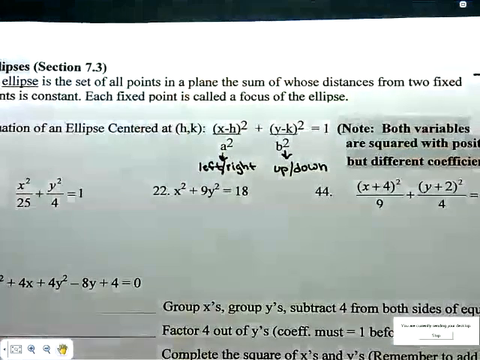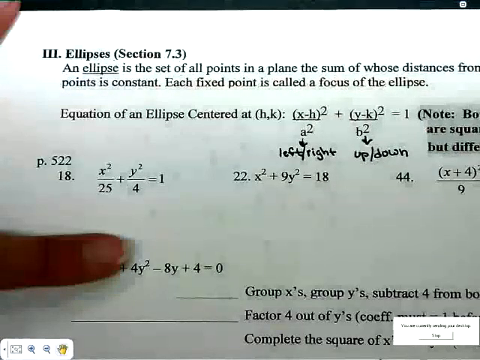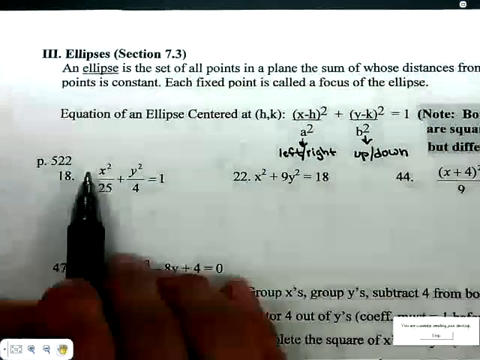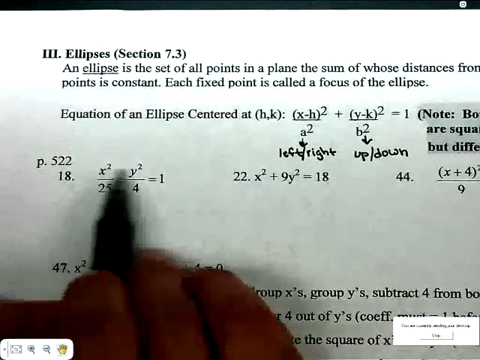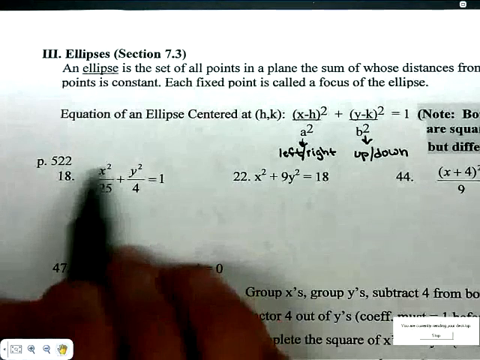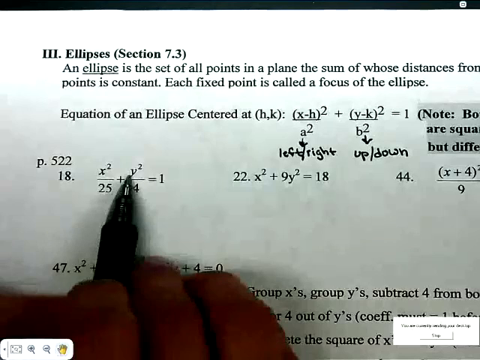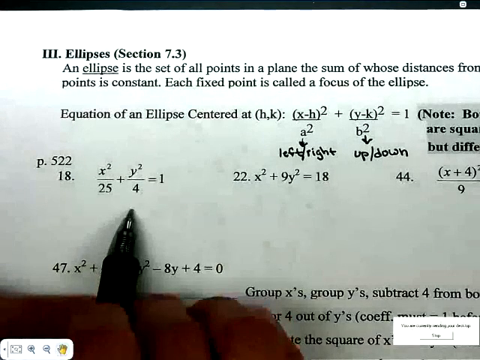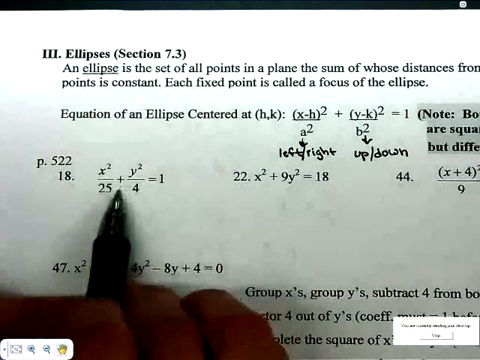So for example, number 18, you might be thinking, well, the x and y are both squared and they both have a coefficient of positive 1, but really you could write this first term as 1/25 x squared plus 1/4 y squared. That would mean the same thing, and that's why the x and the y don't have the same coefficient.